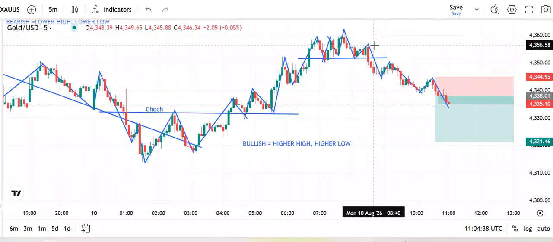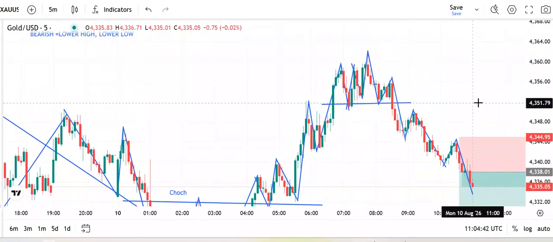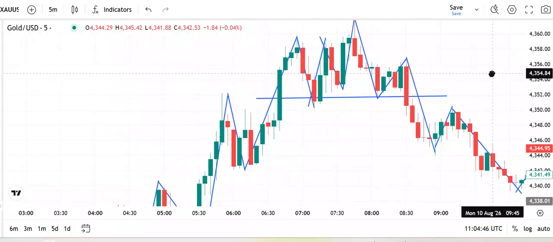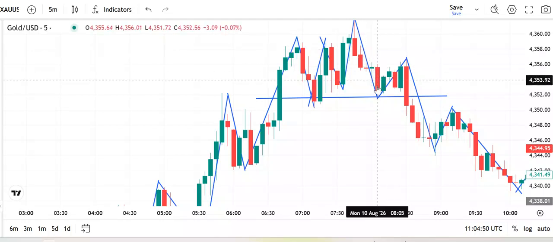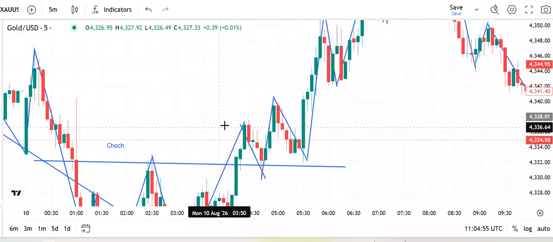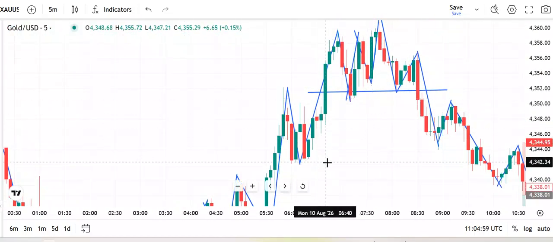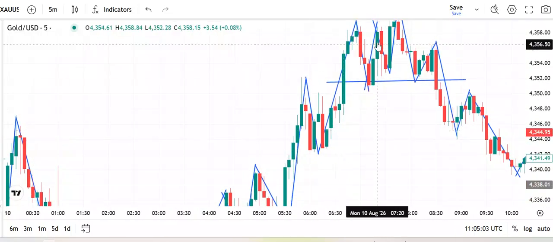Here too, so I'm going to zoom in for us to see what happened here clearly. Here also, price made higher high, higher low, uptrend, then we saw a lower low. Just like with the way we saw higher high, we saw lower low. We've never seen lower low, we've seen higher high, higher low all along.